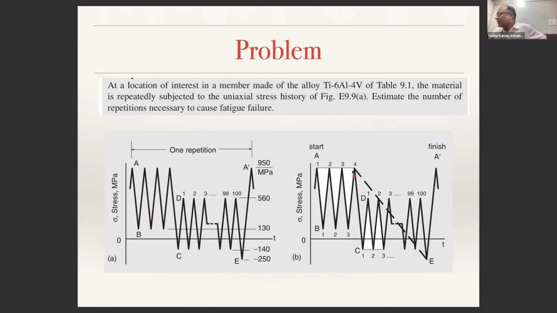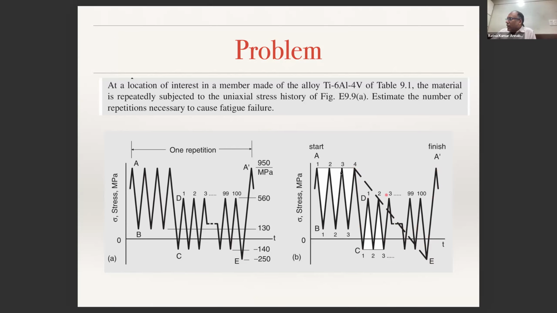After doing 100 times, you will have only 4C, E, F. Because all these are counted, you will go from 4 to E. And then this is the same as this. So that means 4E, E and EA dash are the same, and hence this can be counted as one cycle.